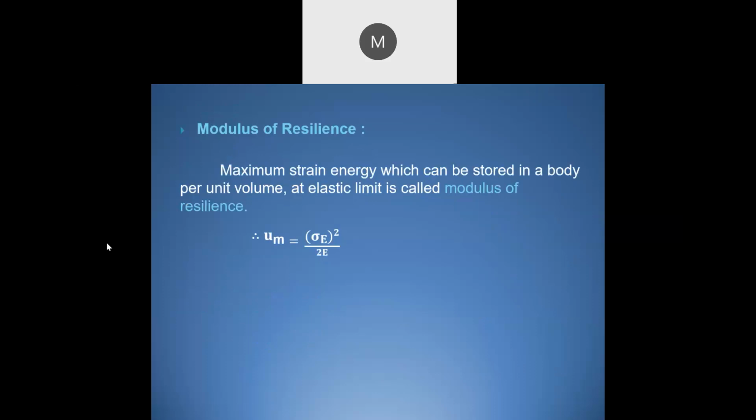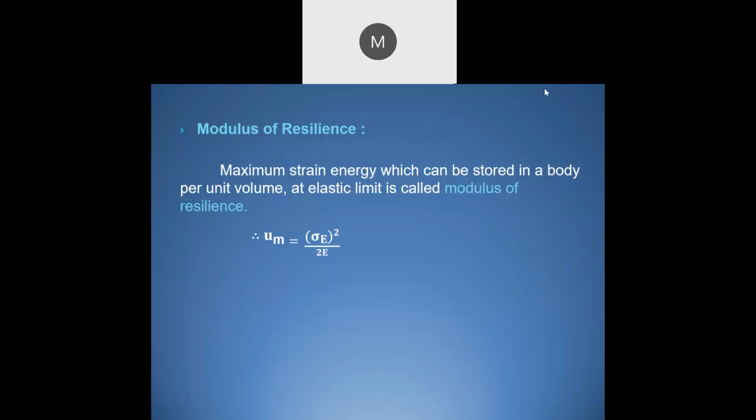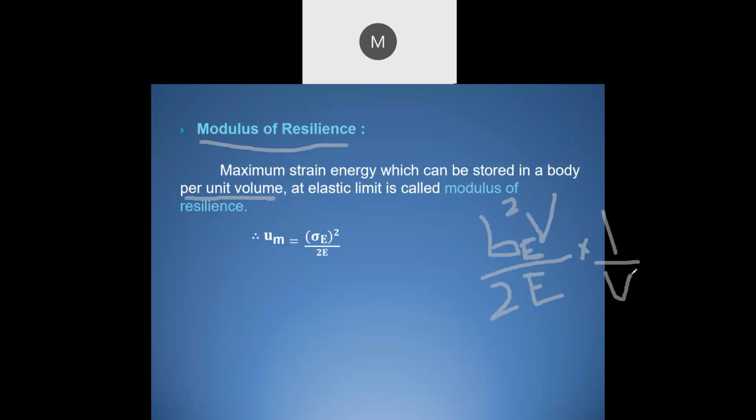Now, if you go to proof resilience, then we have the elastic limit. And after that, we have modulus of resilience. That means per unit volume. Just remember when modulus of resilience comes, it means per unit volume. That means we'll be multiplying this with 1 by V. Why 1 by V?